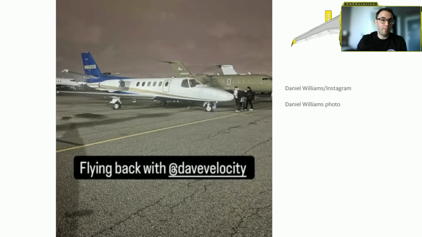So again, a very unfortunate accident that we had. It hits close because it's a corporate jet, especially with the Cessna Citation, which I'm very familiar with, it hits close.